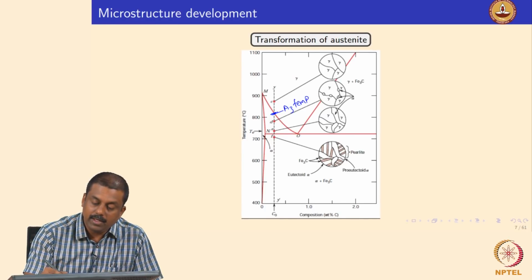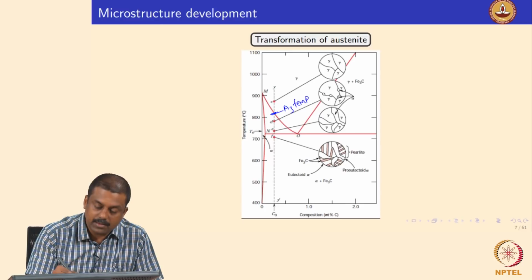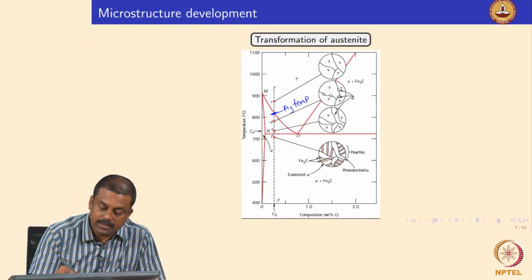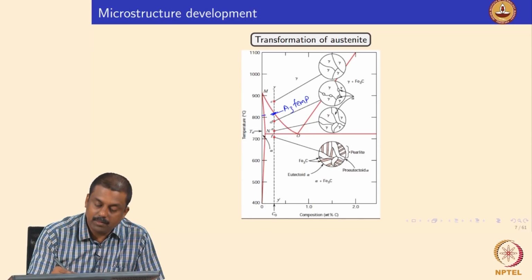So, the moment you start nucleating ferrite, what happens? The carbon concentration of ferrite, as I already explained, is given by this line, right. So, this is your carbon concentration of ferrite, and this is your austenite carbon concentration. If you subsequently cool further, your ferrite would start growing in the austenite matrix.